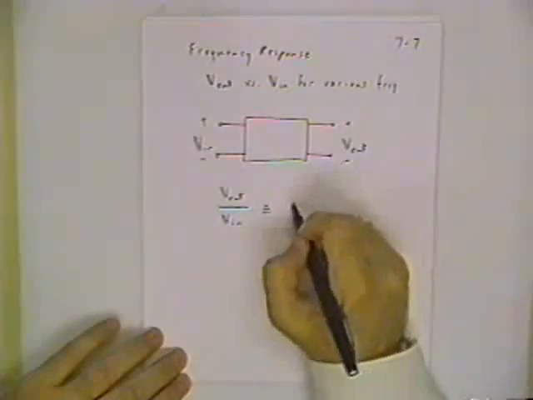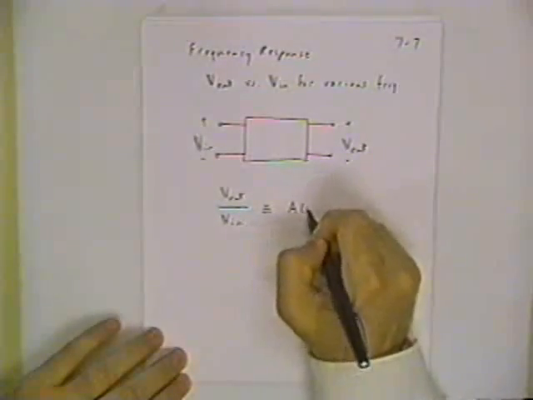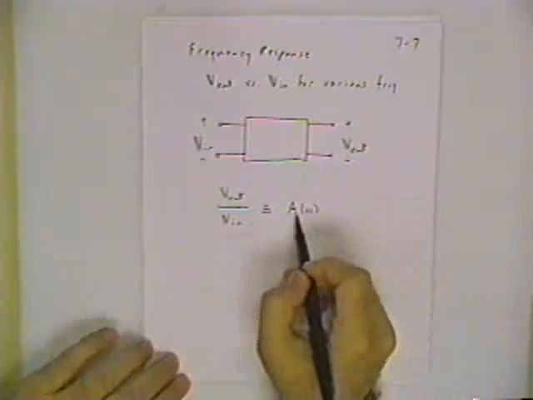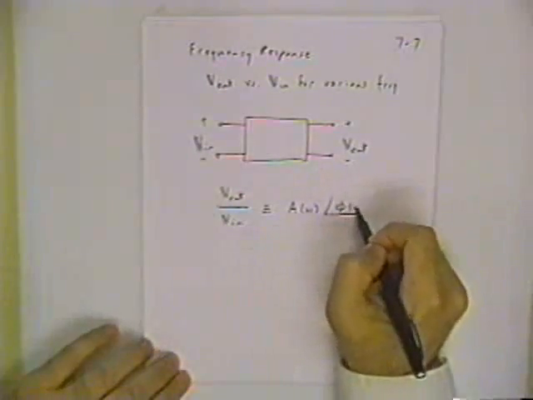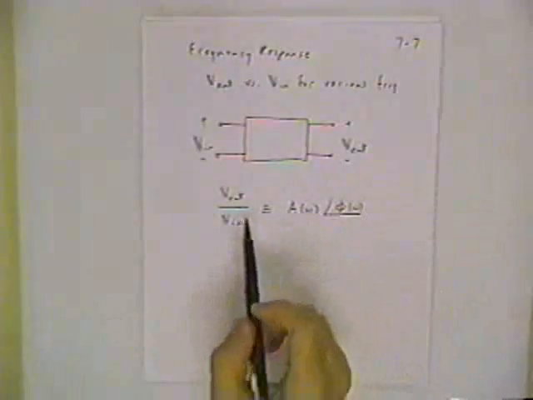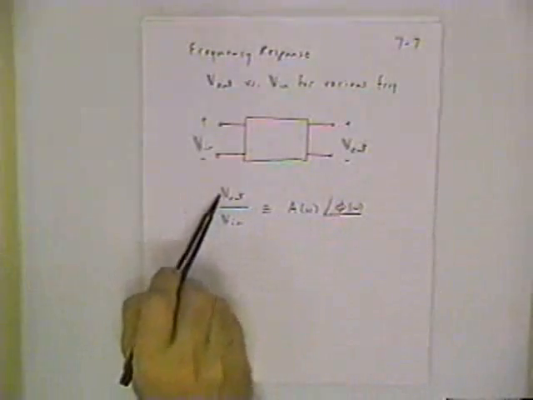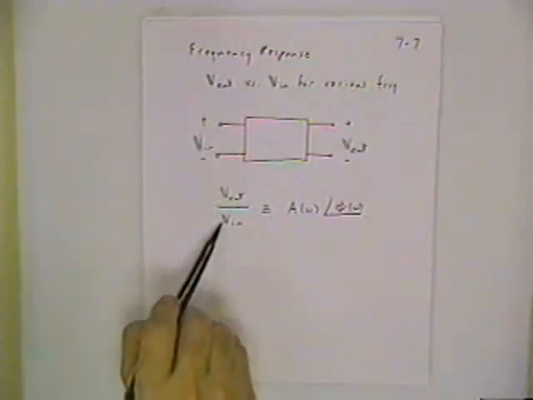And that's defined to be an amplitude function of frequency and a phase angle function of frequency. Now, if you think about it for a second, the voltage phasor has amplitude and phase angle parts. The voltage phasor here has an amplitude and phase angle.